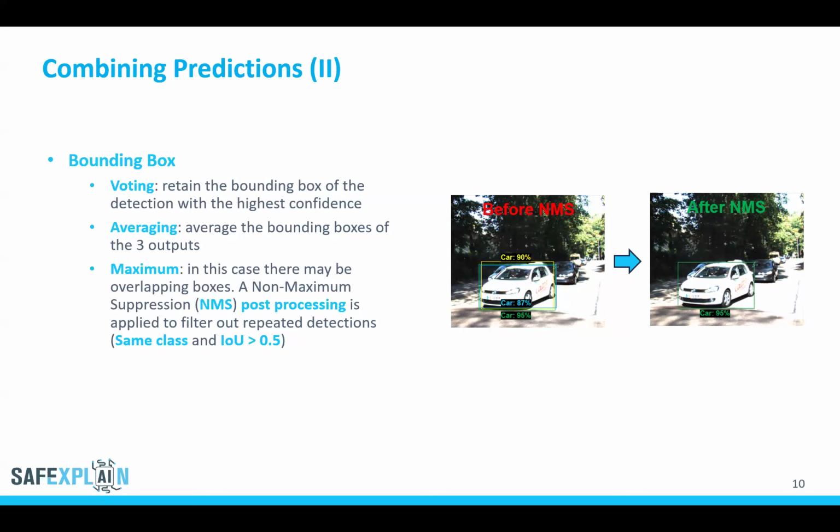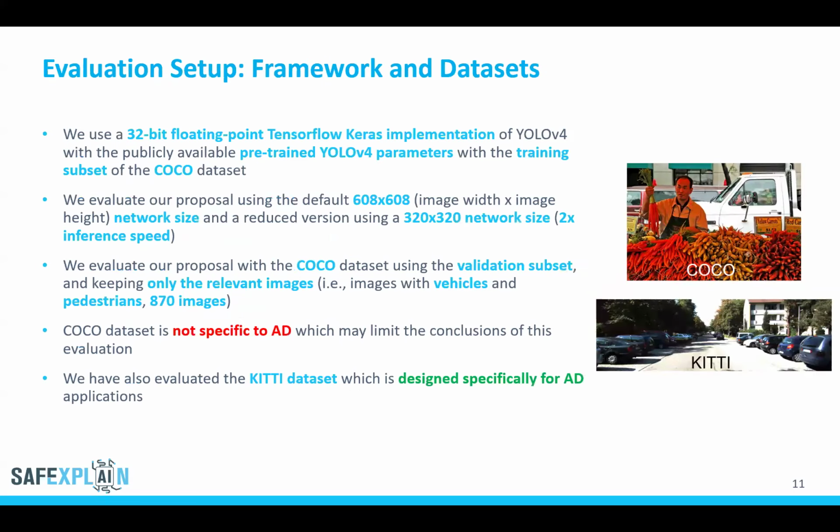Then regarding the evaluation setup, we used a 32-bit floating point TensorFlow Keras implementation of YOLO version 4. We use the publicly available pretrained YOLO version 4 parameters, which were trained with the COCO dataset.